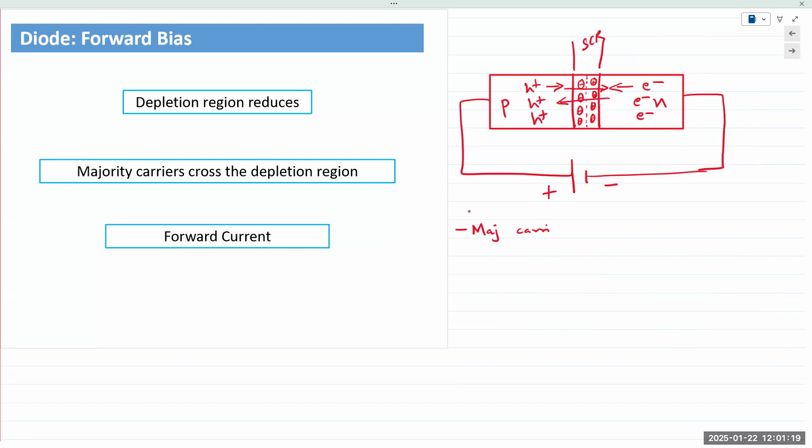Majority carriers are pushed towards the junction, and minority carriers are pulled away. And thus, we have small current flow in the reverse bias and large current flow in the forward bias. Yes.